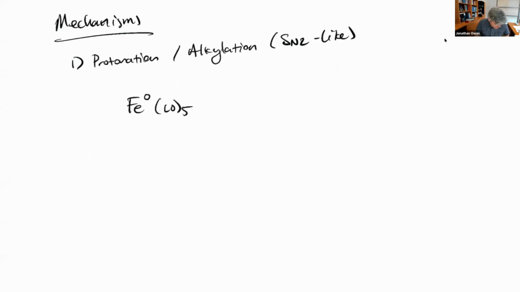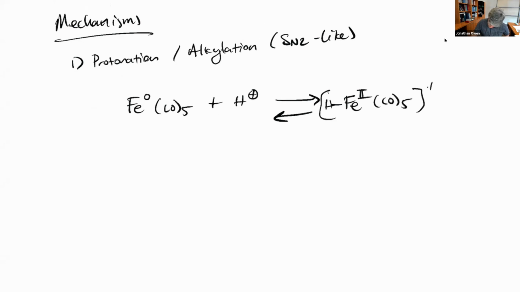Let's start off with iron pentacarbonyl reacting with H+. Over here, we've got 8, we've got 10. This is 18 electrons, iron 0, d8.